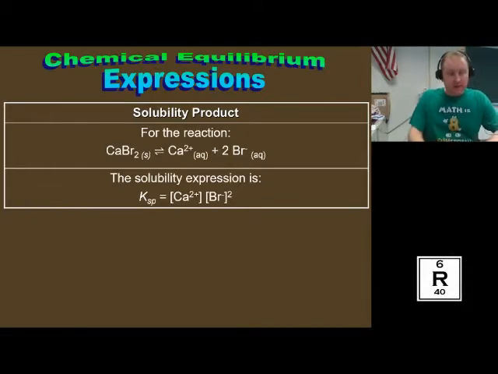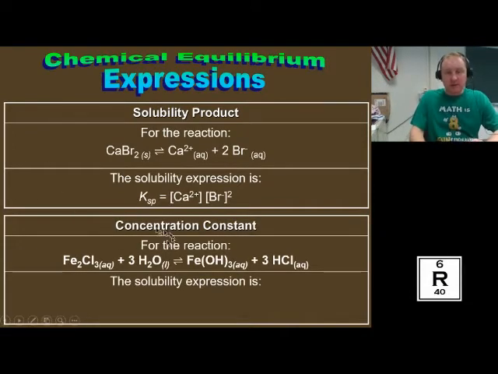Okay, so let's take a look at another one. Let's do the concentration constant for this formula here. We've got iron 3 chloride plus 3 moles of water yields iron 3 hydroxide and 3 moles of hydrochloric acid.